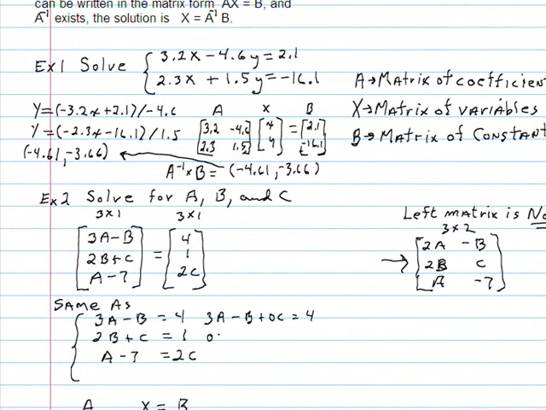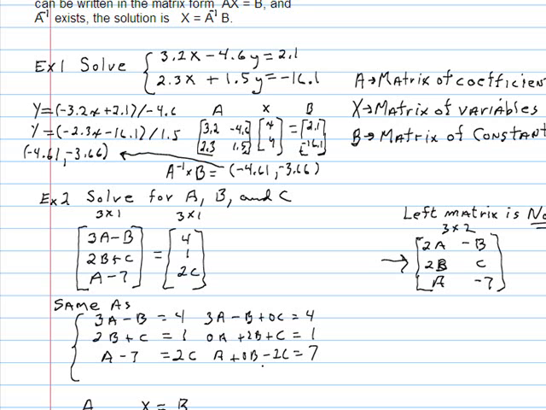The second one as 0A plus 2B plus C equals 1. And then the last one, I could move the C over to the left and the 7 over to the right. And then it would say A plus 0B minus 2C equals 7.